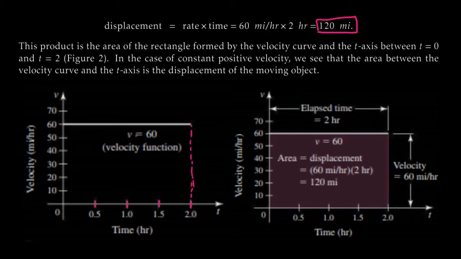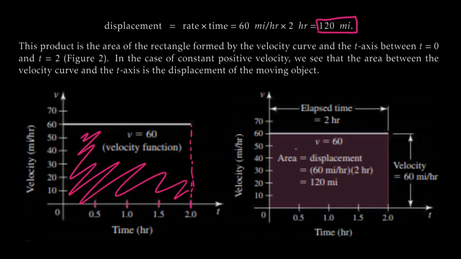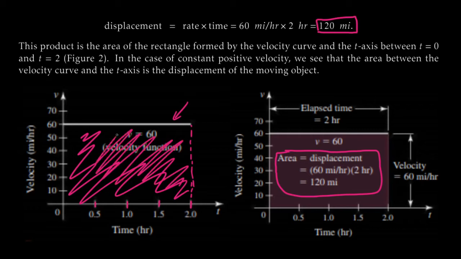The area of this rectangle here, the product here, this area between 0 and 2 hours and under the graph of the velocity function has an area that is equal to the displacement of your vehicle. That is, if you graph the velocity function, then the area of the rectangle underneath that graph tells you how far you went over the entire 2 hours.